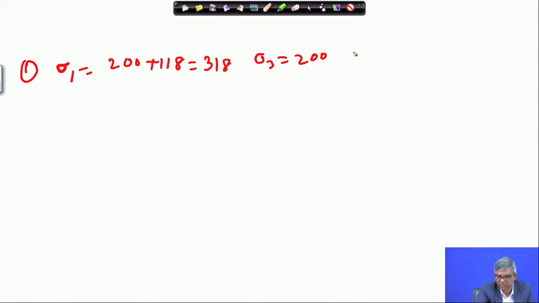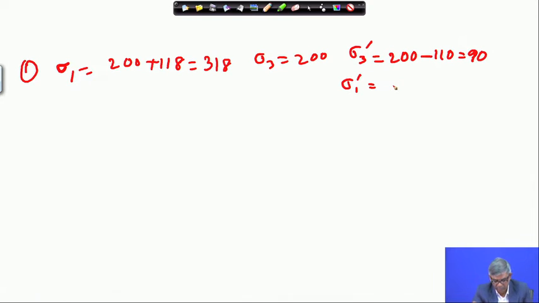Then sigma 3 dash will be equal to 200 minus u, that is 110, so that is equal to 90, and sigma 1 dash will be equal to 318 minus 110, that is actually 208. So, we have got one data point.